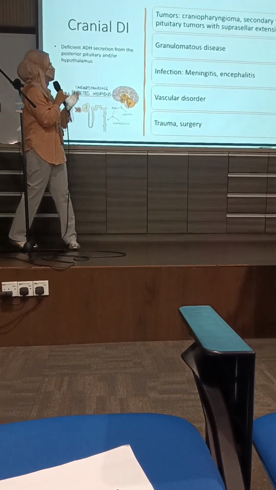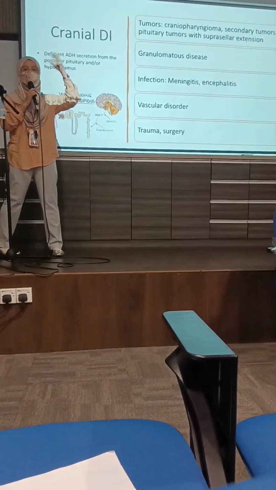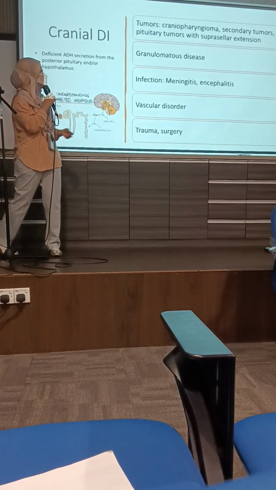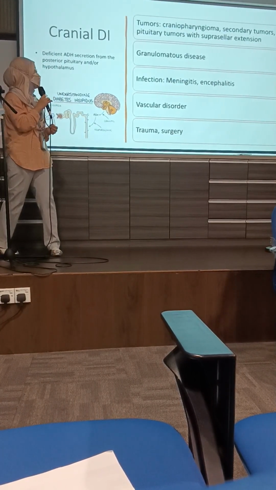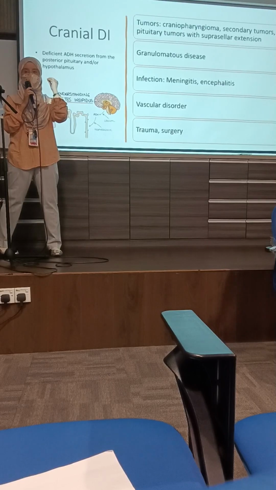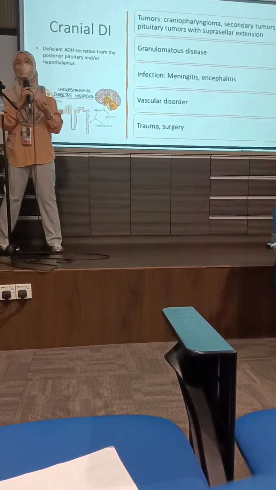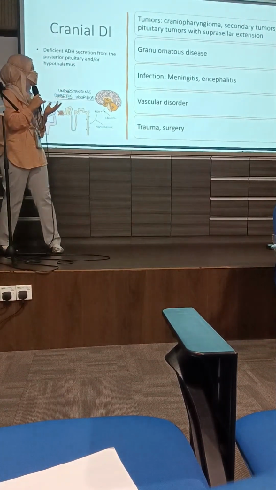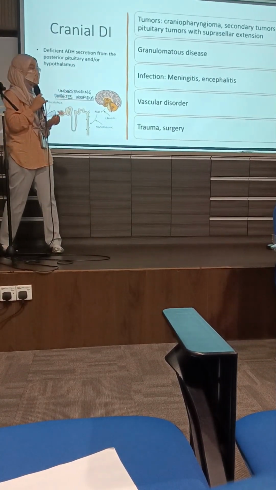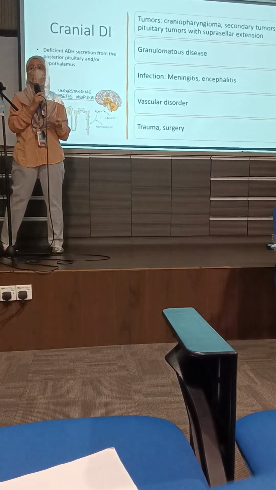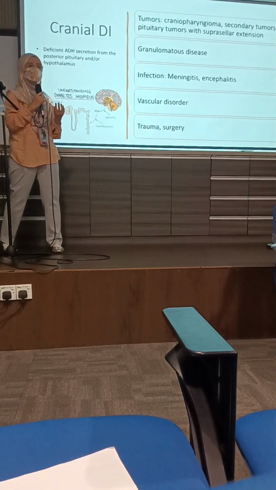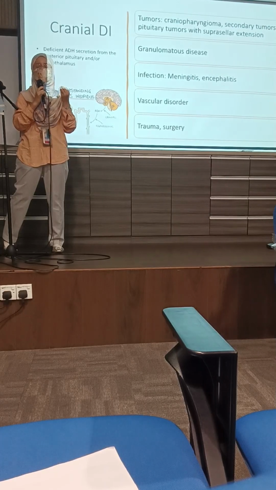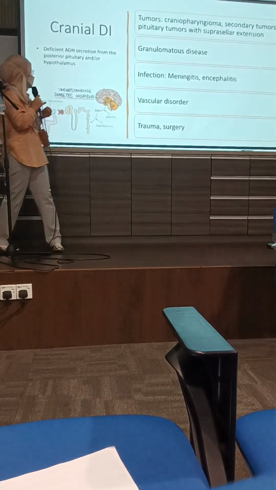For example, tumors in that area, craniopharyngioma, any tumor with suprasellar extension can cause it because it sits near the pituitary. Any granulomatous disease, for example TB in the CNS, or infection, meningitis, encephalitis, or any vascular disorders, or any trauma and surgery will disrupt this ADH synthesis and secretion.